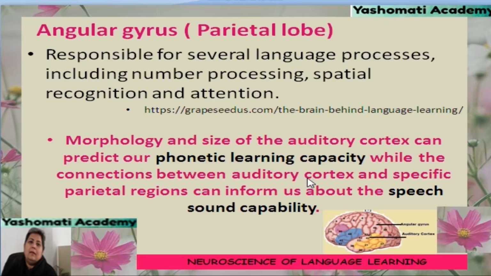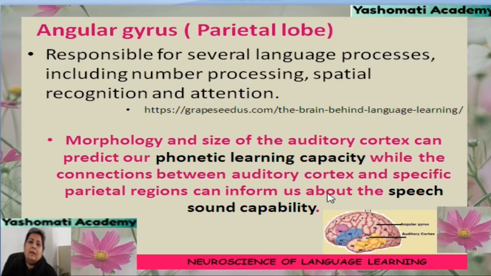So, if auditory cortex is well developed, then phonetic ability will be more. Similarly, when the connections between auditory cortex and parietal region are strong and very well developed, then there will be speech sound capability.